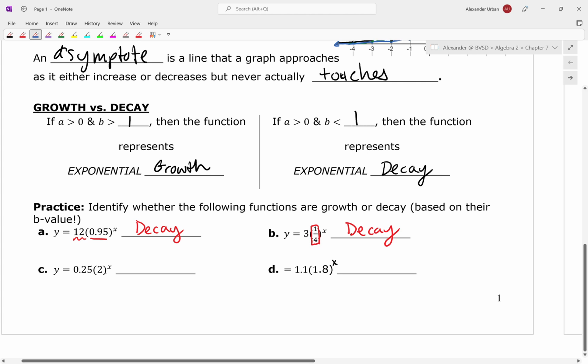Now, on C, our base is 2, so it's double, so we're going to do 2 to the x power, and our a value is still greater than 0, which is good. We have a vertical shrink in this situation, but this will be a growth because our base is greater than 1. Last problem, 1.8 is greater than 1. Therefore, this must be a growth.